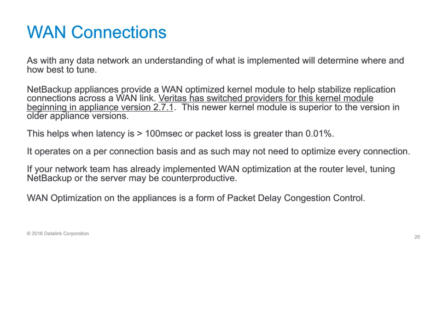And a lot of times network teams have equipment in place that optimize those connections. If there's not, though, there are tools like for the NetBackup appliances. Those come with a WAN optimized kernel option that you can enable to help optimize the traffic between those replications.